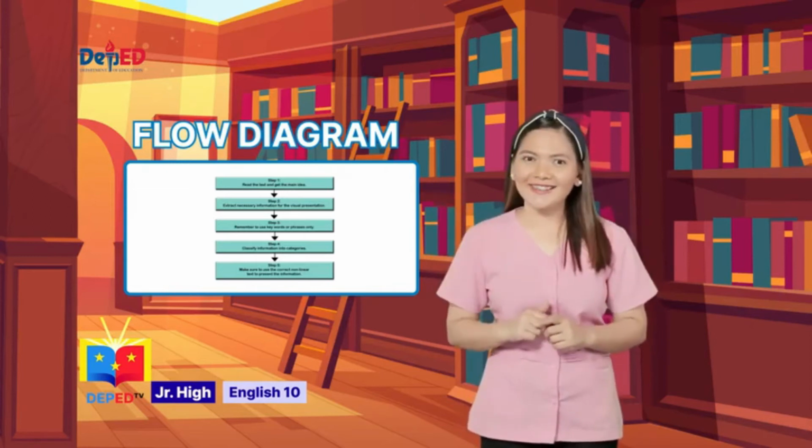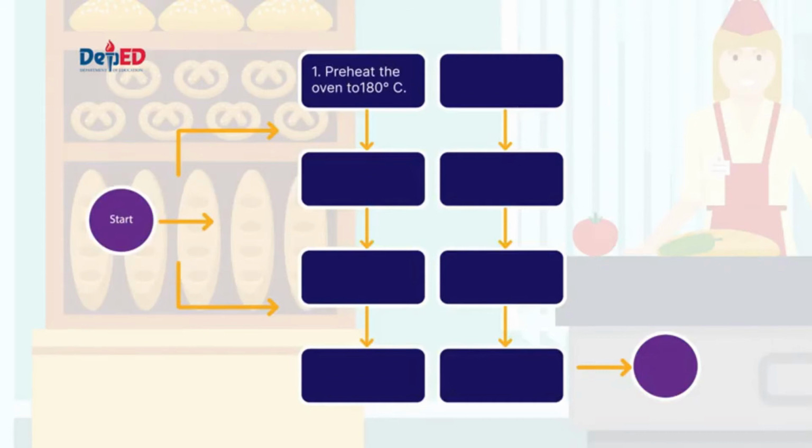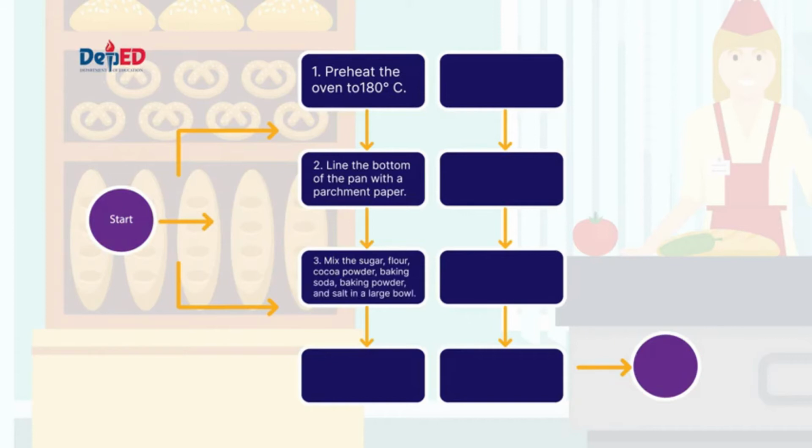Let's try! First, we have to preheat the oven to 180 degrees Celsius. Second, we line the bottom of our pan with a parchment paper. This is to prevent the cake from sticking to the pan. Now, for the batter, mix the sugar, flour, cocoa powder, baking soda, baking powder, and salt in a large bowl.